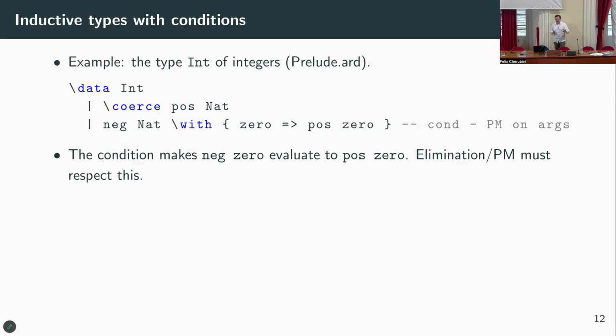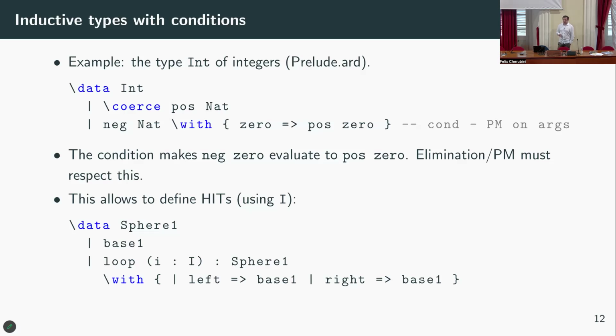So we say that negative 0 just evaluates to positive 0, and then elimination must respect this. This mechanism allows us to define higher inductive types using the interval, just as inductive types with conditions, as shown. So the circle is just base and loop, which is dependent on an interval parameter, and on its two endpoints it relates just to base.